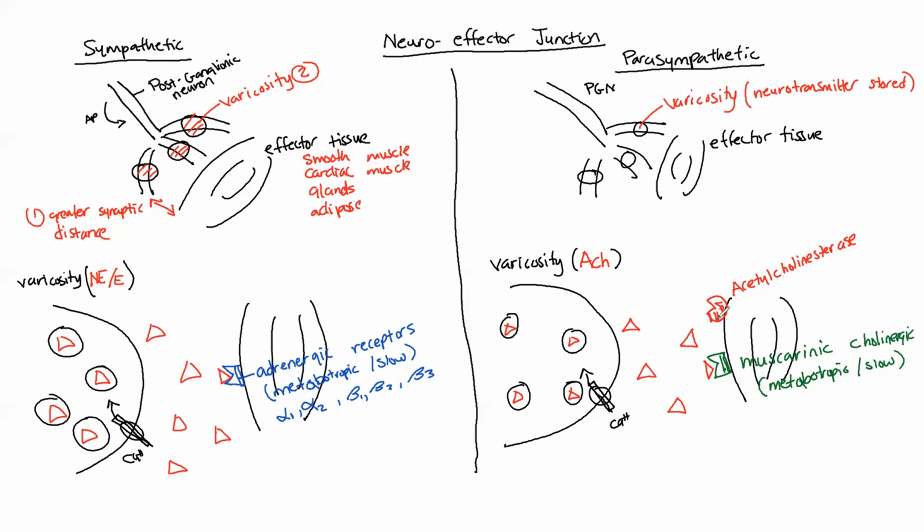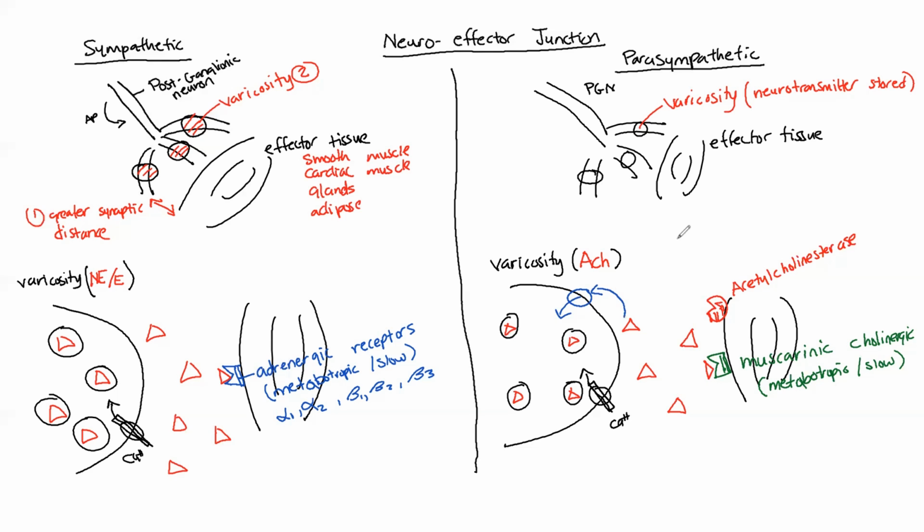And then we also had two other routes of uptaking this. We can just diffuse it away from the junction, or we can reuptake these whole neurotransmitters back into this varicosity, and we package them to make a new vesicle, all right? So we can degrade this into smaller pieces and diffuse away.